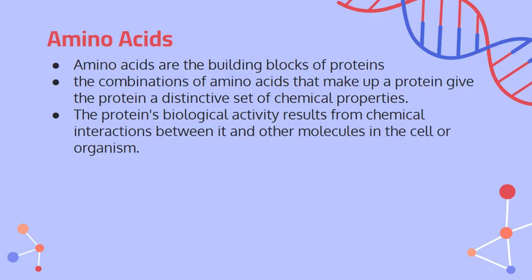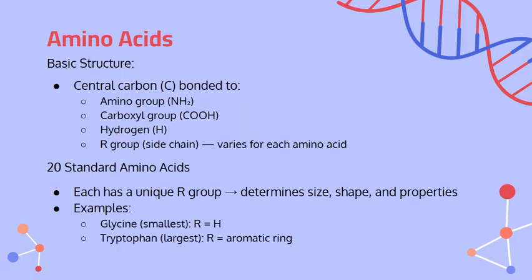So, if we remember, the structure of the protein will dictate the function, and the amino acids join together to make the structure of the protein, and then the function comes from those interactions.